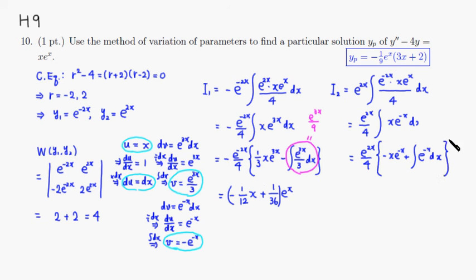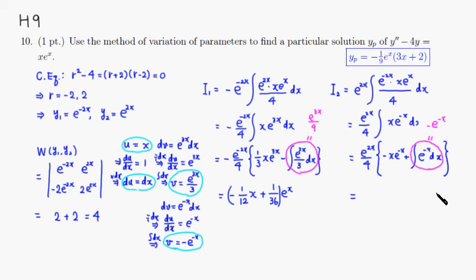But the integral here is simply e to the negative x with a negative sign. So if you multiply out, you have e to the 2x times e to the negative x, which gives you e to the x. And the same thing with the other term, you're going to get e to the x.